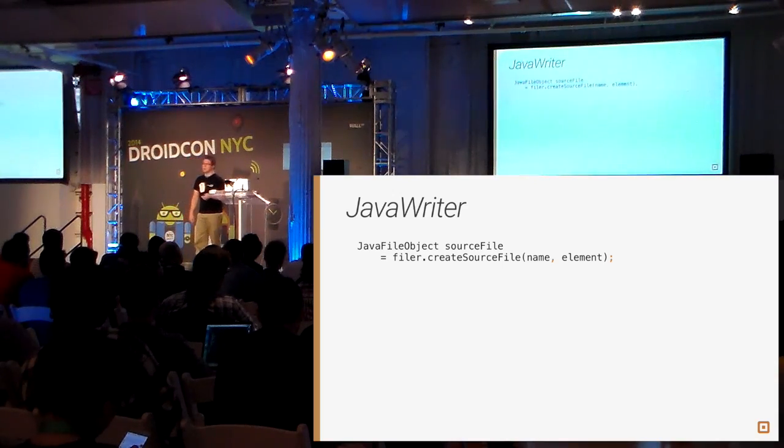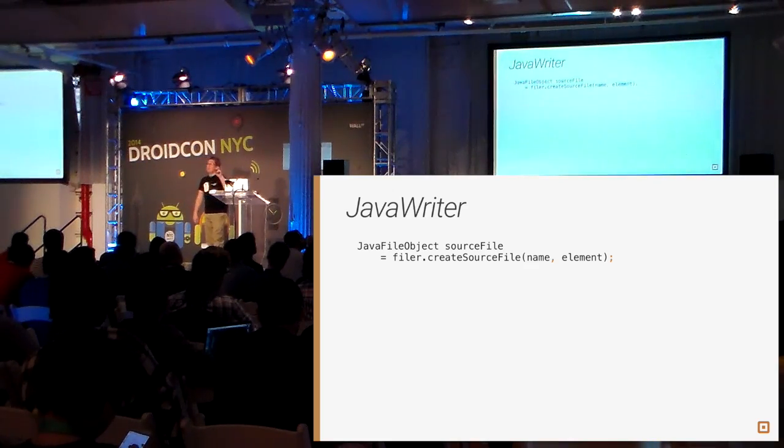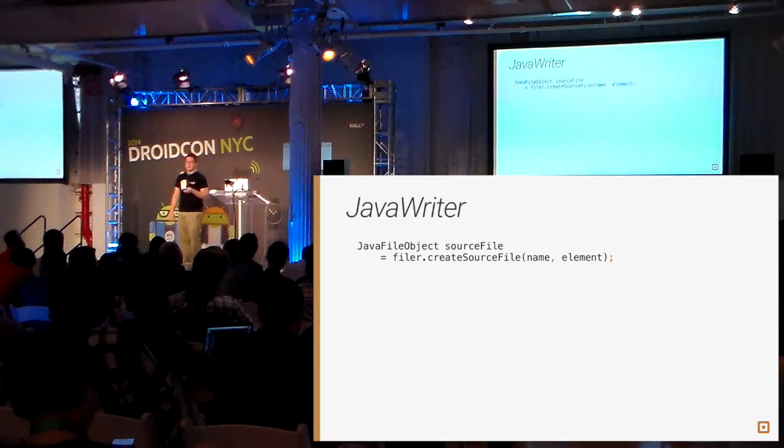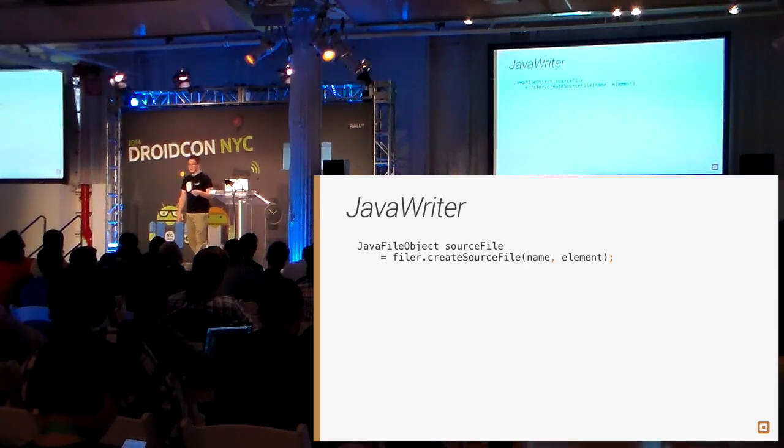We can pass in multiple elements. And these elements are the originating elements from which the source file is being generated. So in our example annotation, we would pass in the element of the example class. And this is so that javac can do smart things like incremental compilation when source files change.